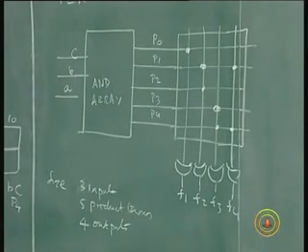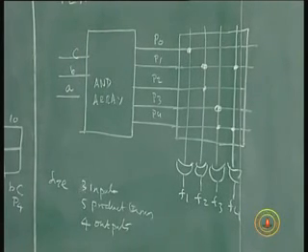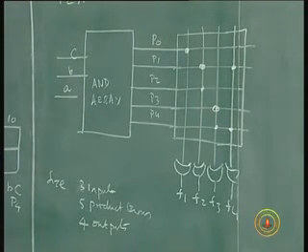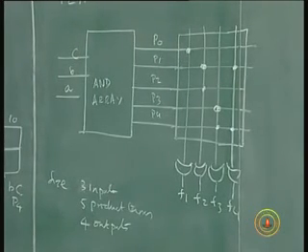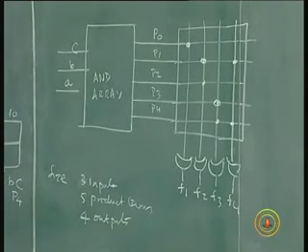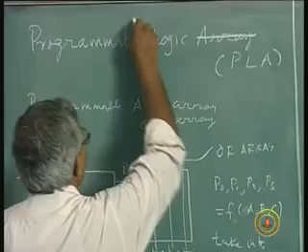Now there is one more product of the same type, programmable logic device, which is called, for some reason they can't think sometime. They didn't know how to name it. First they call it programmable read-only memory because all the possible inputs can be given and then all the possible. Then they said logic array is programmable. Then instead of this programmable logic array, they change it to programmable array logic.